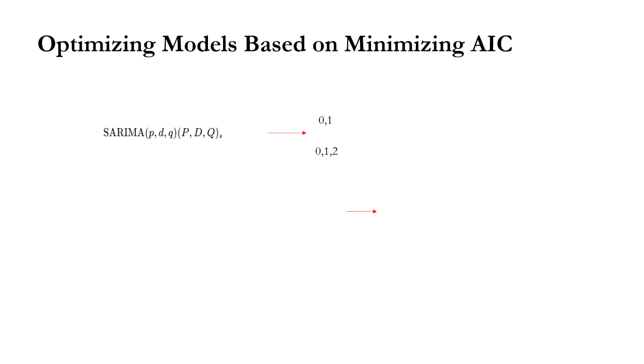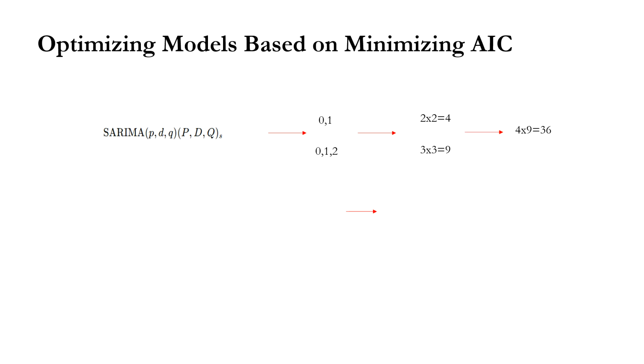For this example, I'm going to fix the differencing, both the non-seasonal and the seasonal part, and I'm just going to say it's 1, for simplicity's sake. So we could multiply 2 times 2, there's 4 parameter combinations, and then 3 times 3 is equal to 9 parameter combinations.